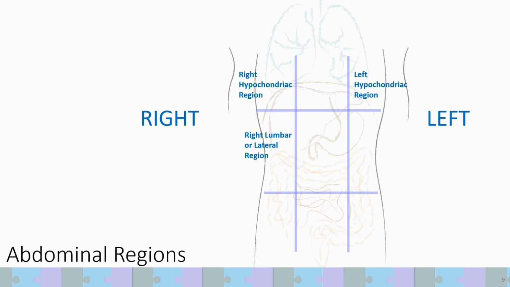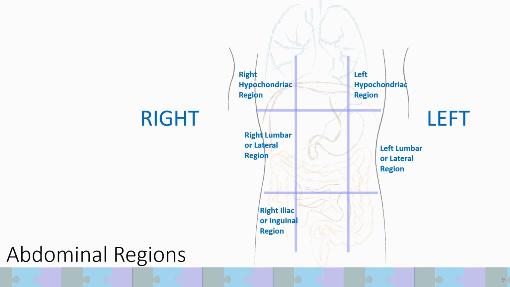Depending on what text you are using or what picture, both are perfectly acceptable inside of medical education. So you may see it as the right lumbar, you might see it as the right lateral. They refer to that same section. The good news on this side is that this is just the left lumbar or the left lateral region.